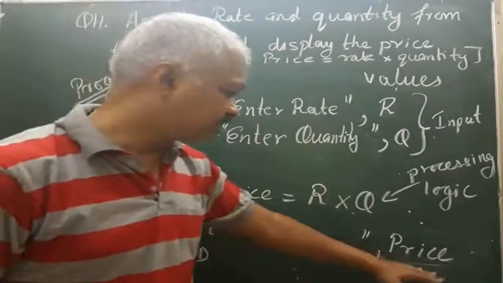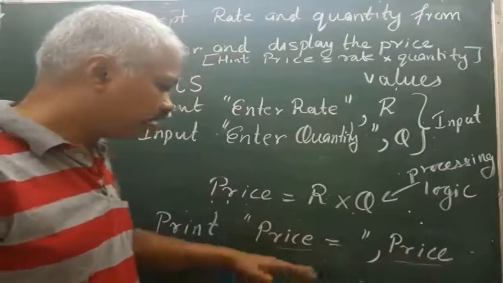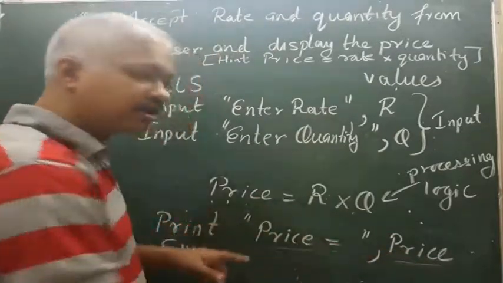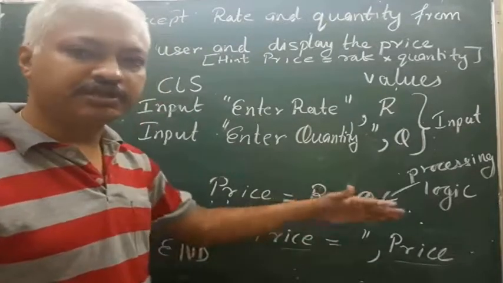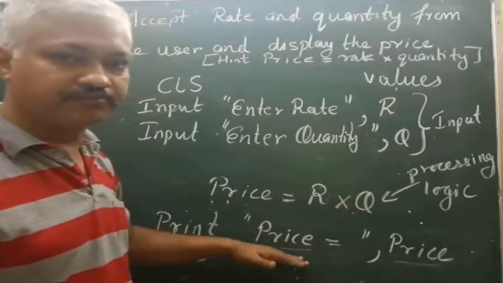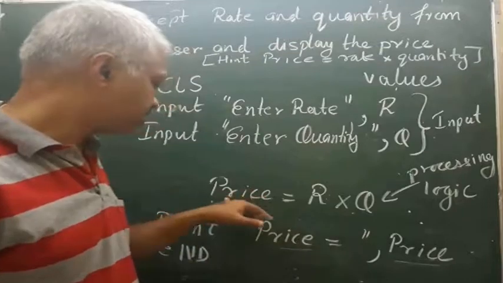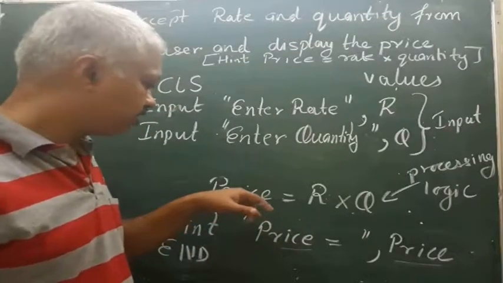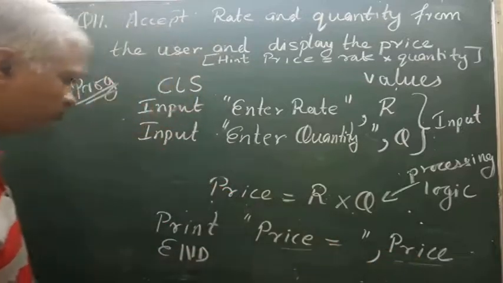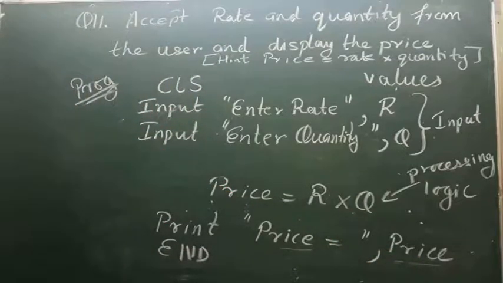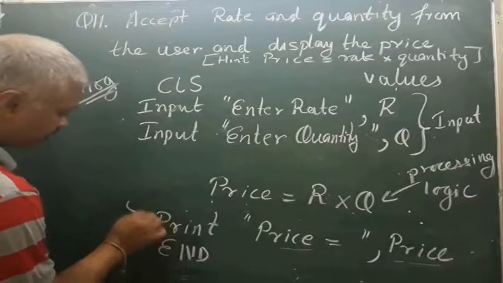Price, which is written outside the double quotes, this is a variable name, and the price equal to which is written inside quotes, this is a message or simply text which is displayed on a monitor. Is it clear? But remember, this is a variable. The same variable should come here. So here again the same, this is the output that we are showing.